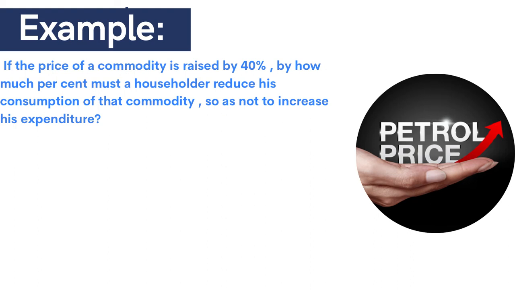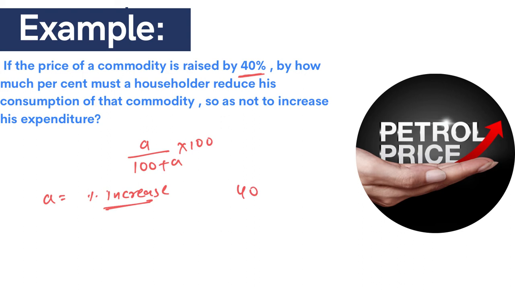The same question you can do by formula also. According to the formula, it is A divided by 100 plus A, into 100, where A is our percentage increase. So percentage increase here is 40.